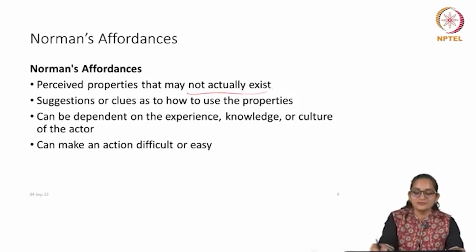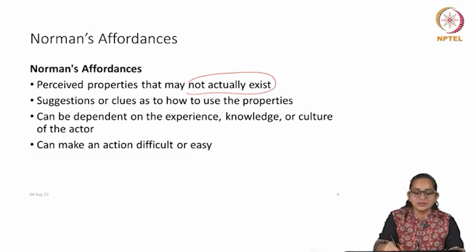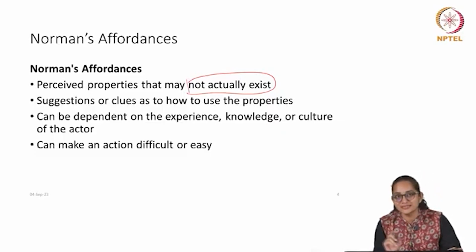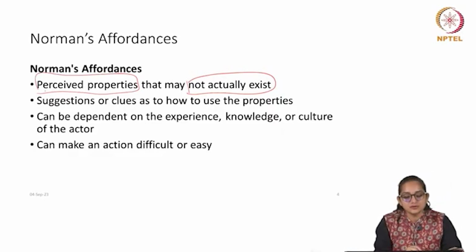This part we will discuss further. What is the meaning of actually existing or not existing, but at least being perceivable? They are suggestions or clues as to how to use those properties.